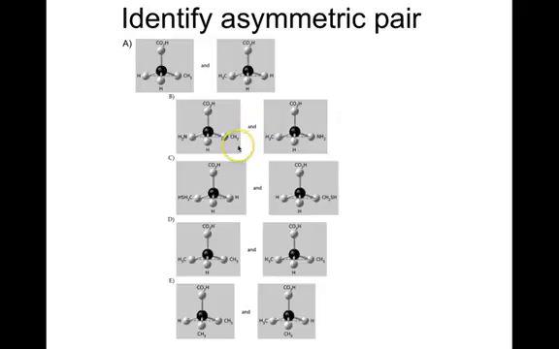First of all, first pair A, do they have an asymmetric carbon? No, because they have 2 hydrogens, so no. Coming to the second pair, which is B, it has NH2, CO2H, CH3, H. So there are 4. And same thing here, CH3, NH2, H, CO2H. Hey guys, remember we talked about the ball and stick model?